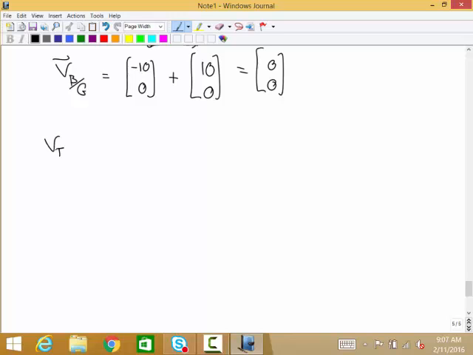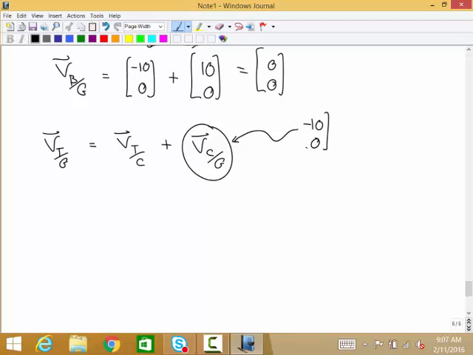So the velocity of the top relative to the ground is equal to the velocity of the top relative to the center plus the velocity of the center relative to the ground. This one still is the same. This is still negative 10, 0. The velocity of the top relative to the center is 33.333 times 0.3.